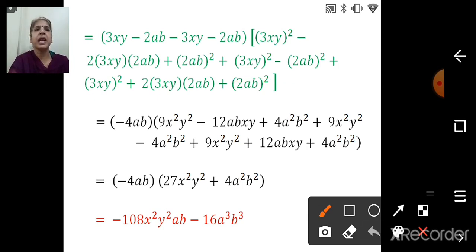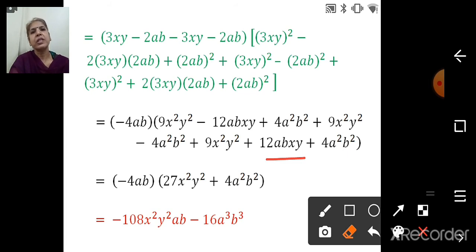So again you will get, which term, children, you will get? That is 9x square y square. And in place of 2ab the whole square, so square of 2, 4, minus 4a square b square. Then the next part, 3xy the whole square, 9x square y square. 2 into 3xy into 2ab, so it is 2 3s are 6 into 2, 12ab xy.